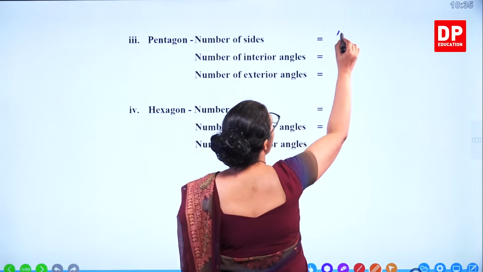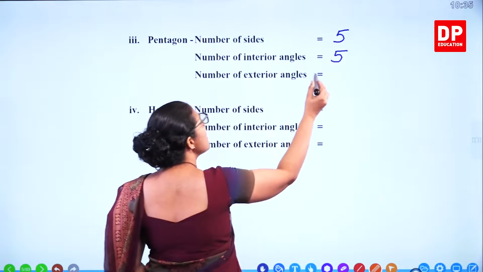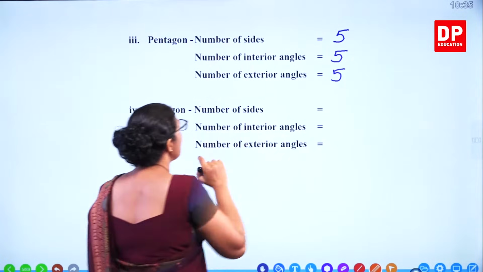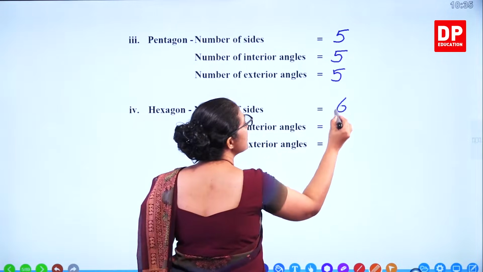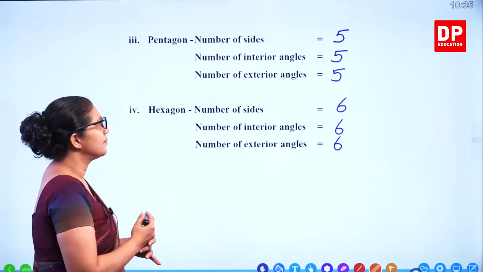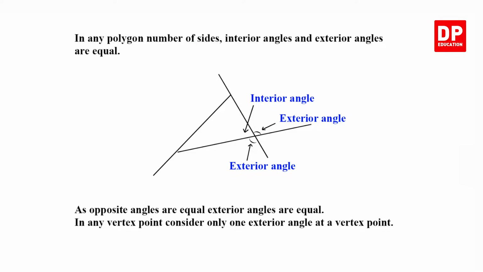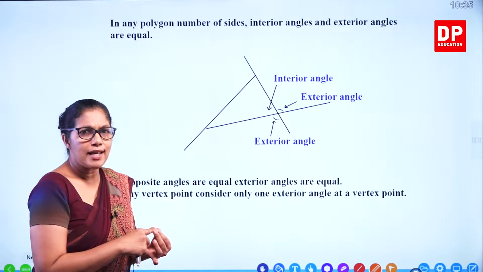Number of sides 5. Interior angles and exterior angles also you get 5. If it's a hexagon, 6-sided polygon, all these are 6s. So what can you say about any polygon? Number of sides, interior angles and exterior angles all are equal.